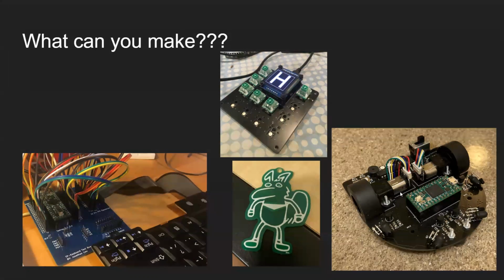This is a micro mouse I made, and this is a breakout board for this cable. It's a ribbon cable that has 28 lines in it, and I needed to access the lines, so I made a breakout board for it and hooked it up to a microcontroller. But you can make a lot of cool stuff.